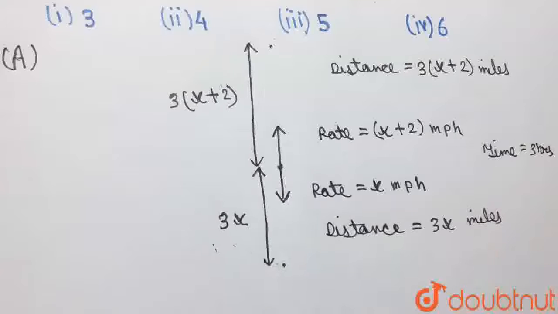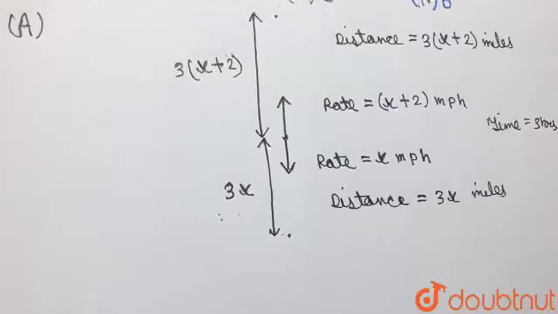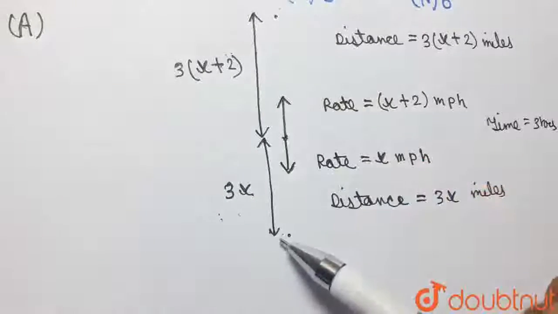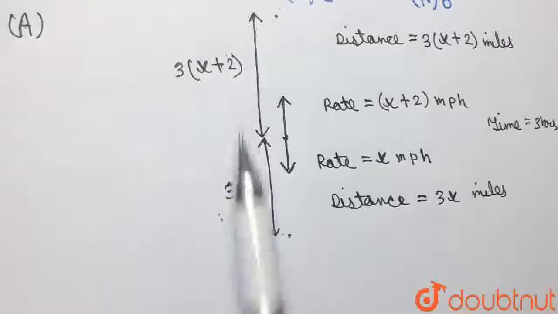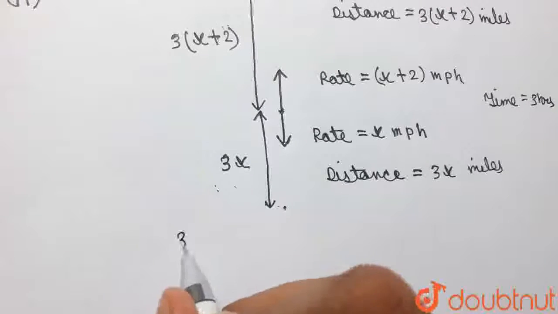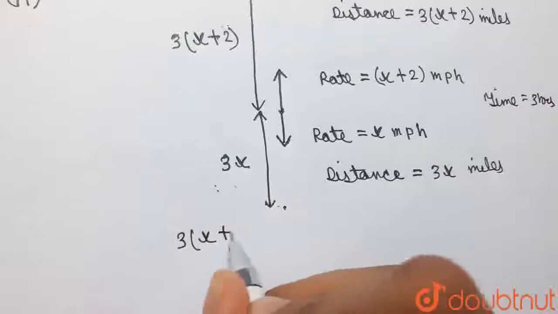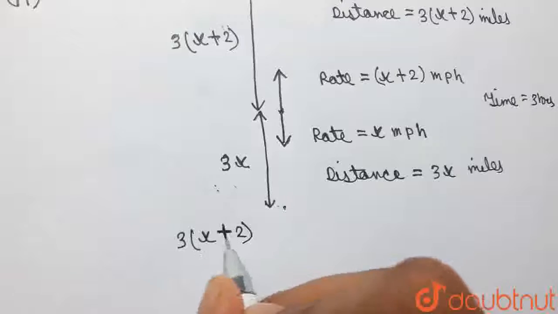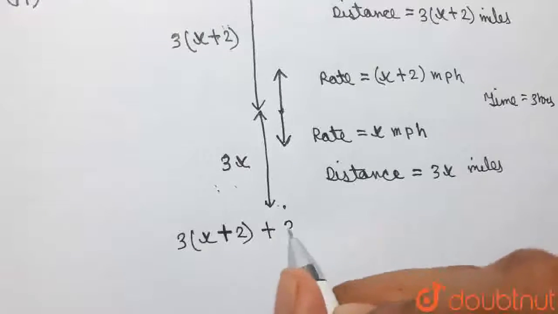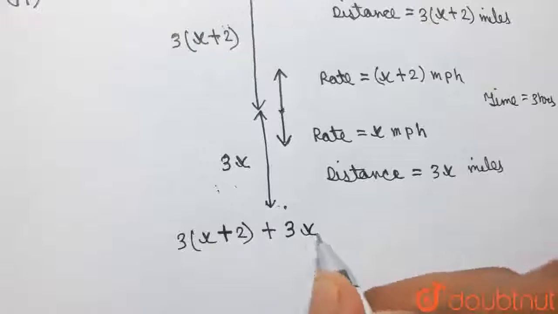Hence the distance between the two joggers after 3 hours will be 3 into x plus 2, plus 3x. That is 3 into x plus 2, the distance covered by the first jogger, plus 3x, the distance covered by the second jogger.